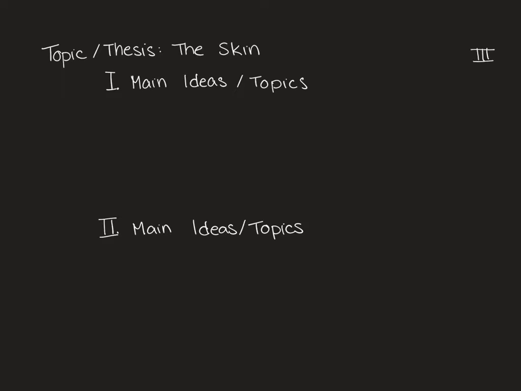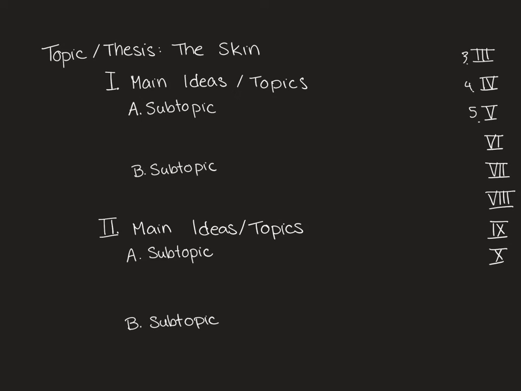So 3 is 3 I's, 4 is an IV, and 5 is V. If you were to go on to 6, then we would keep going until you got to 9, and then it would be IX, and finally 10. So this is just in order.